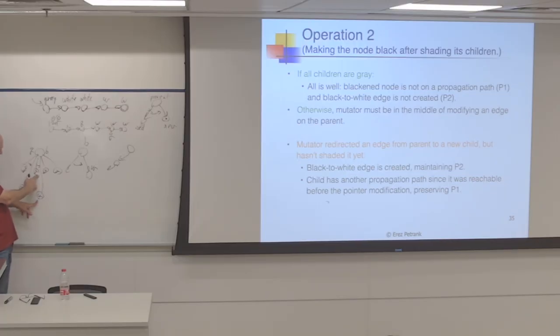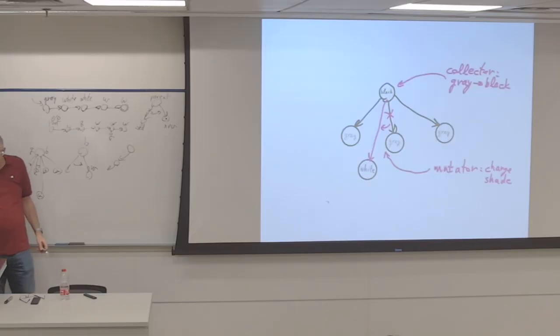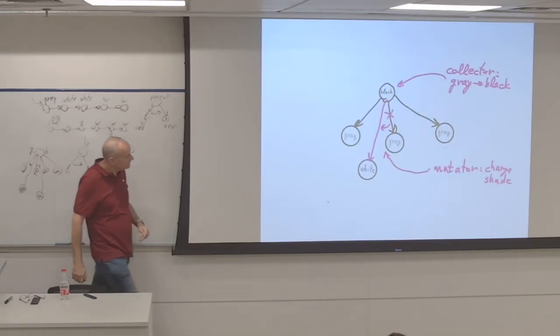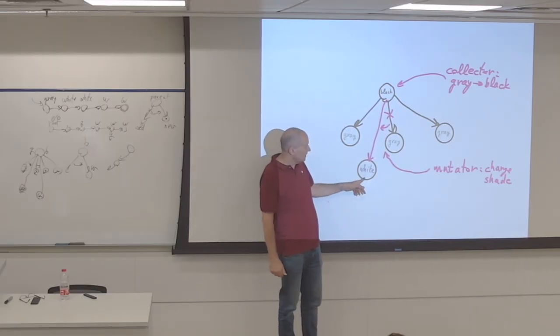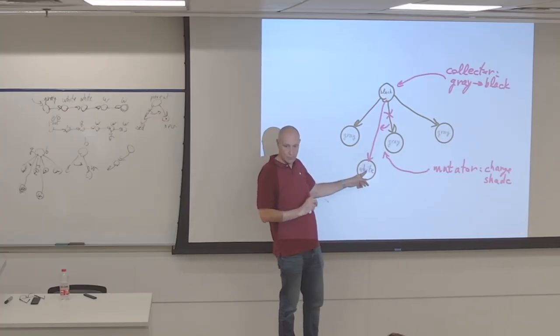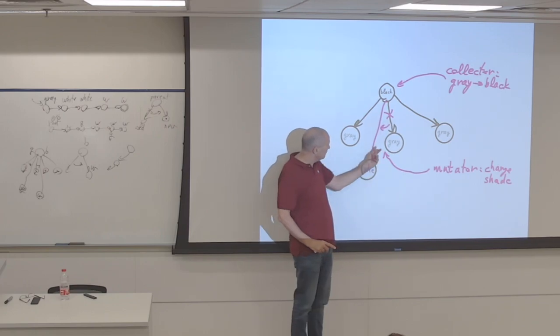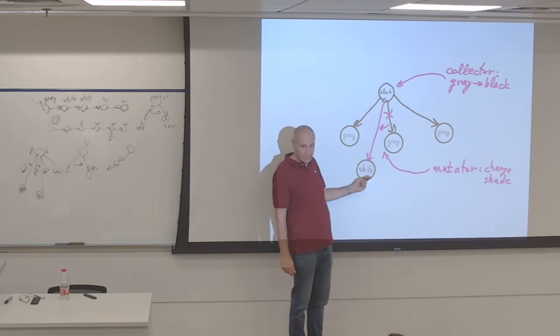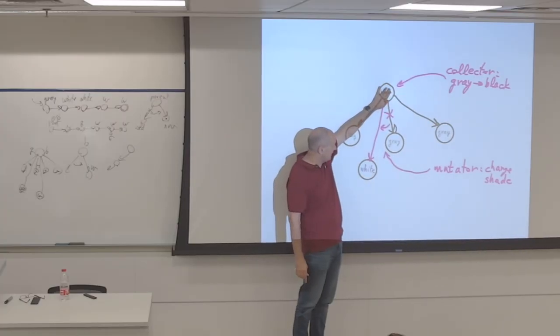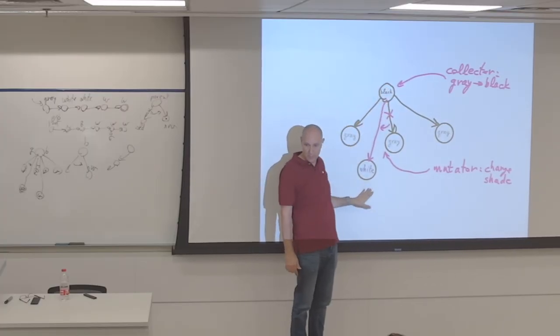If it had a propagation path before this modification, I think I have a thing like that. So this was changed by the mutator, and this thing must have had a propagation path before the modification. Why? Because before the modification, it was not accessible from here, right? So this was gray before I made it black, and you could think of it as a new propagation path.